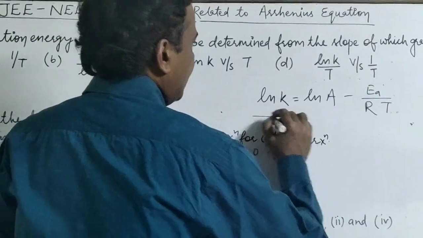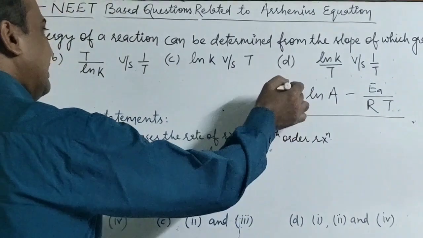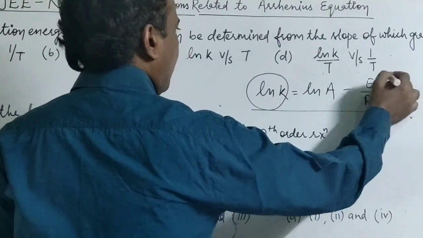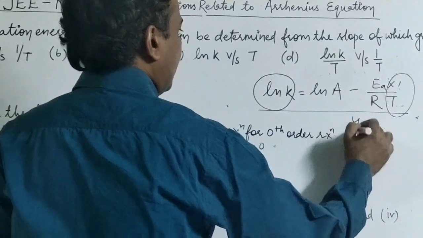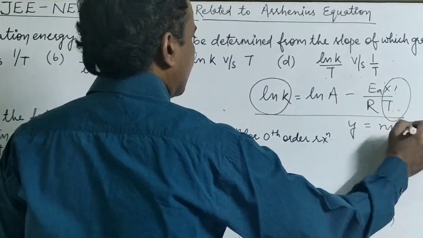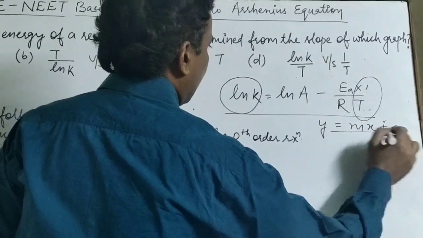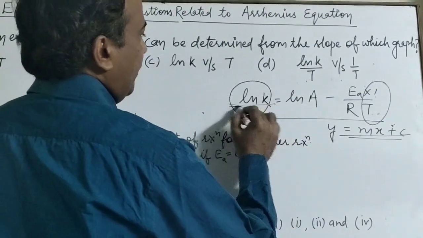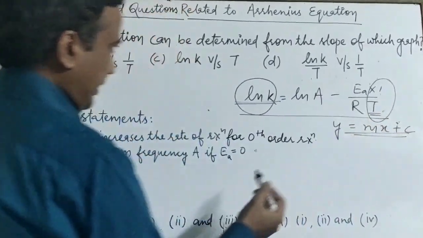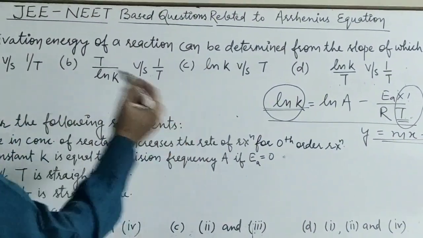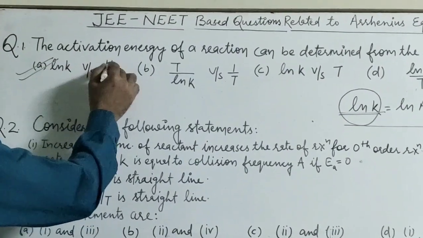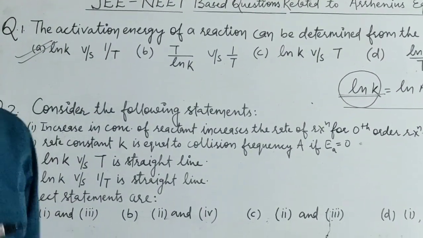By observing this equation, you can say the graph between log k and 1 upon T will obey the equation y is equal to mx plus c, that is a straight line equation. So the correct answer is first: log k and 1 upon T will give you a straight line.